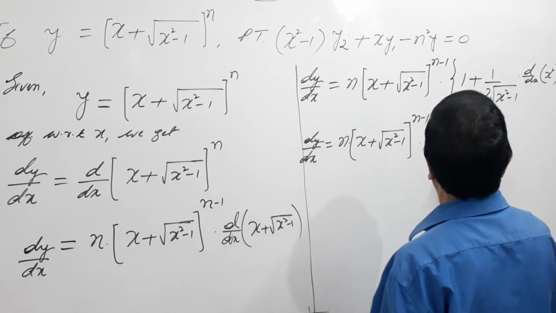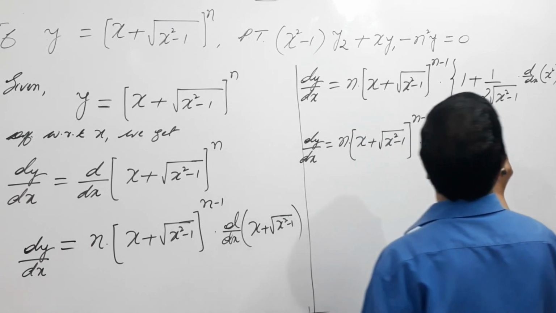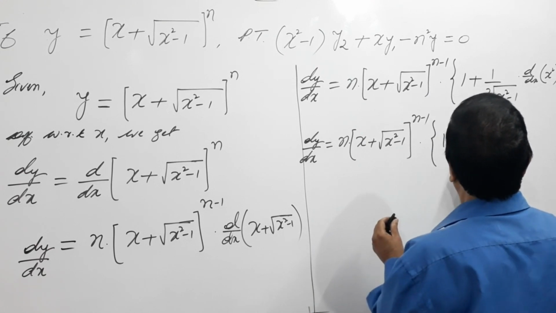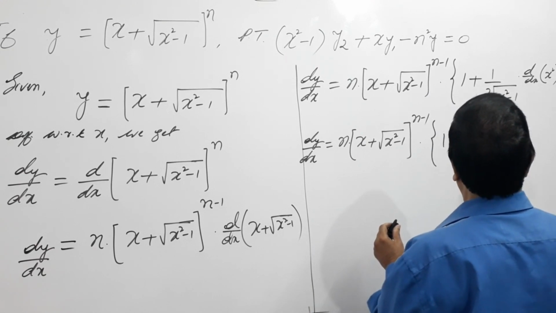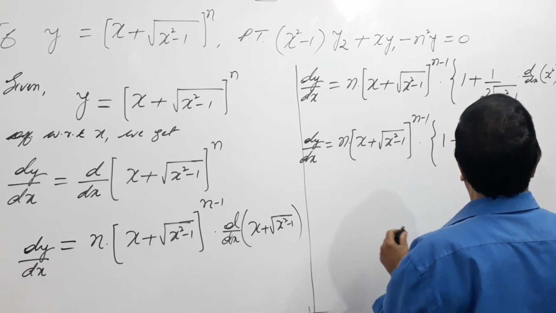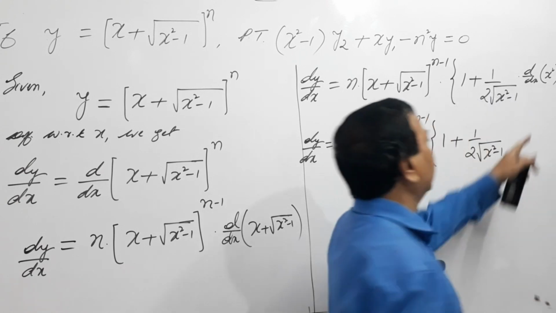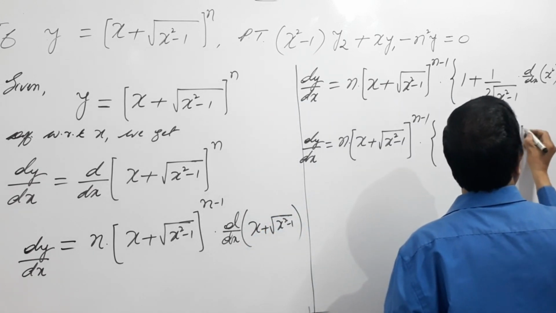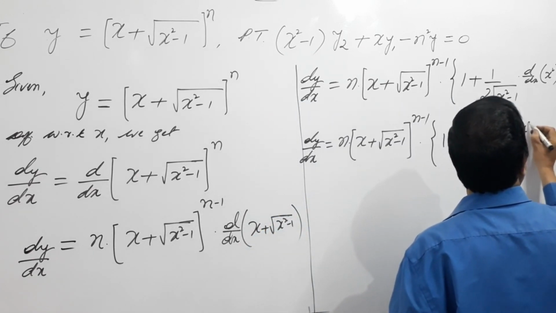This becomes 1 plus half into (x square minus 1), d by dx of x square is 2x, into 2x.